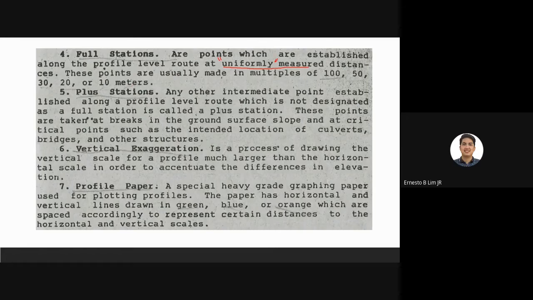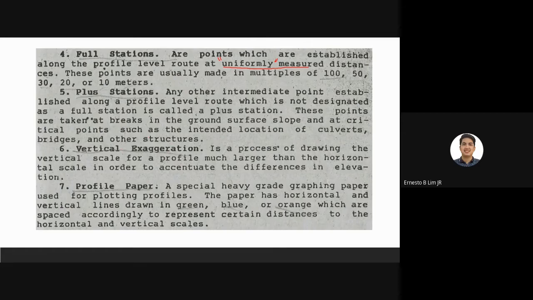Next is the plus stations. Any other intermediate point established along a profile level route which is not designated as a full station is called a plus station. These points are taken at breaks in the ground surface slope and at critical points such as the intended location of culverts, bridges, and other structures.